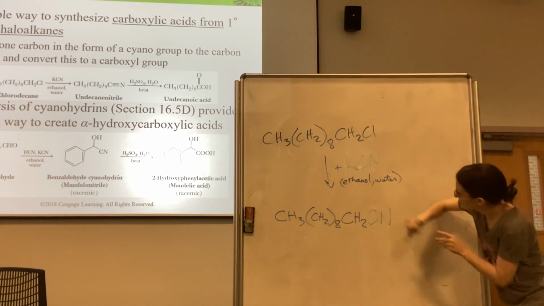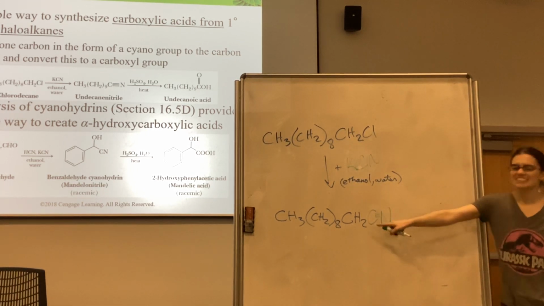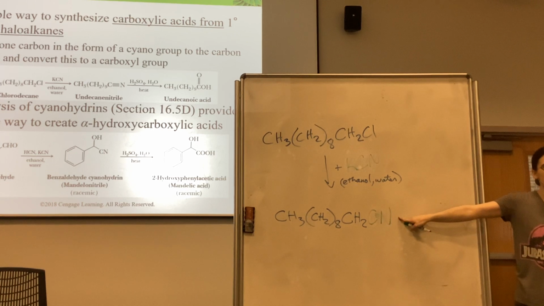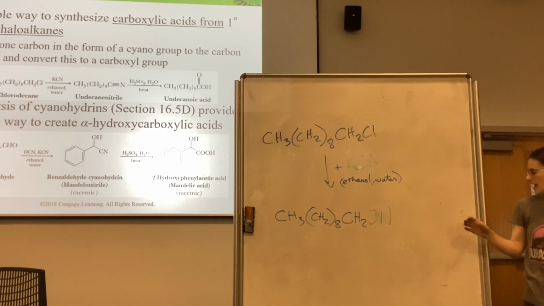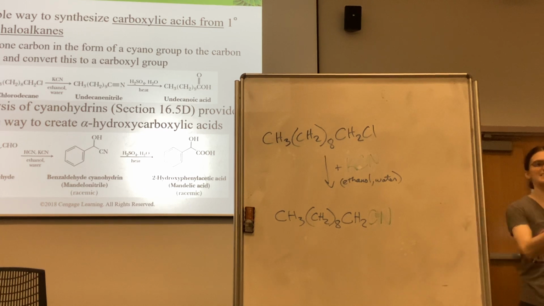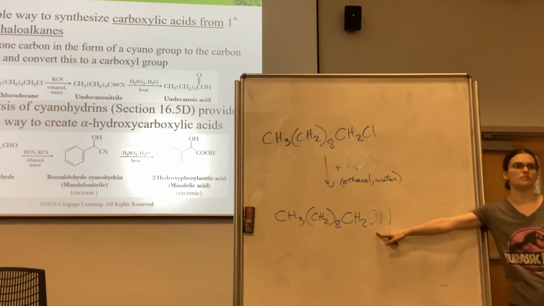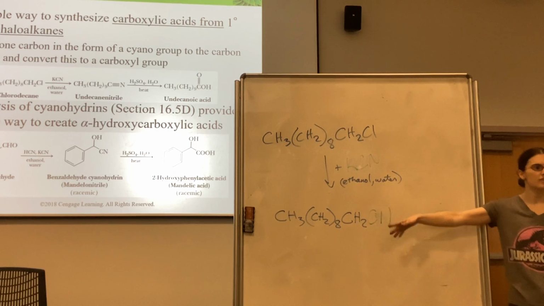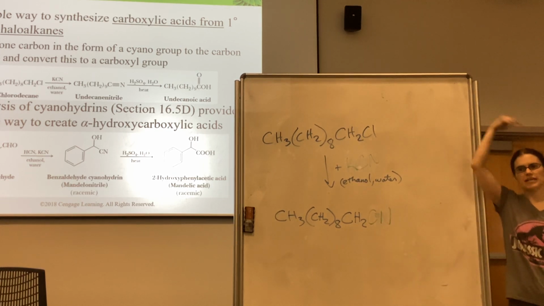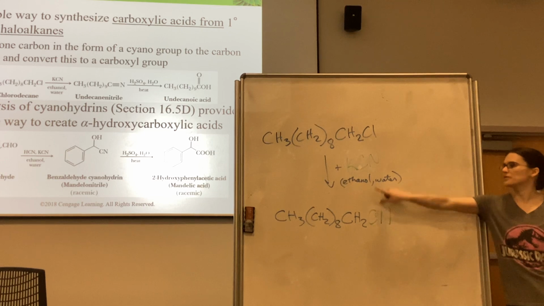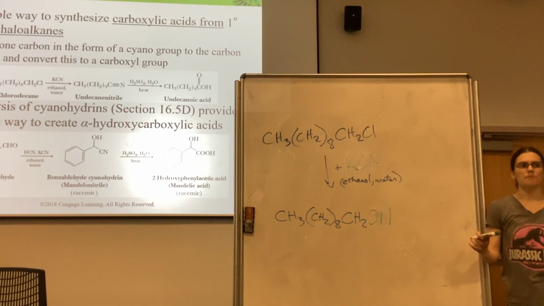So we add a carbon when we do this, right? And we don't usually do that. A lot of times we have to very specifically say we added something to the carbonyl carbon. In this case, we're adding the carbonyl carbon, or the thing that's going to become a carbonyl carbon if we make it into a carbonyl. So this carbon gets added on there.